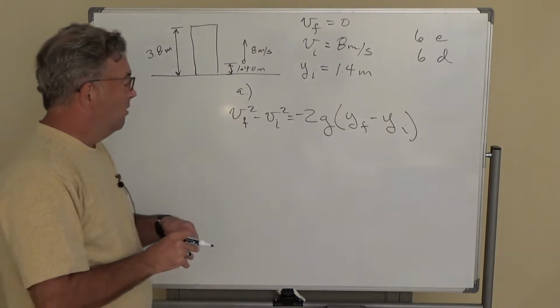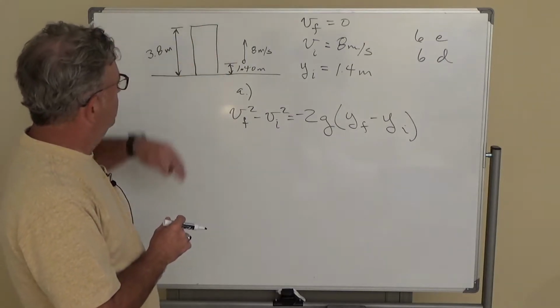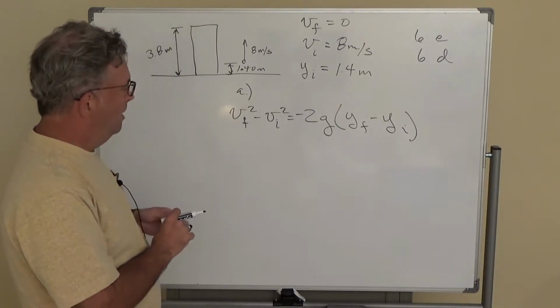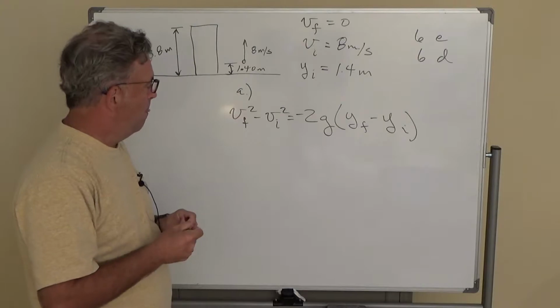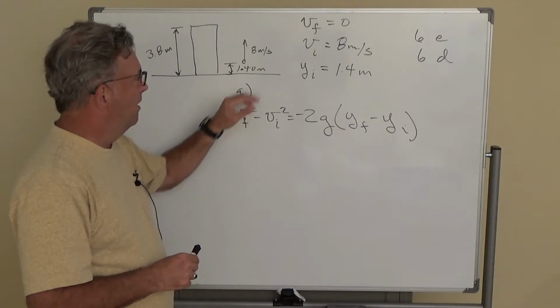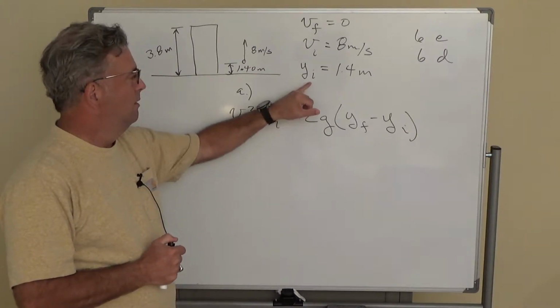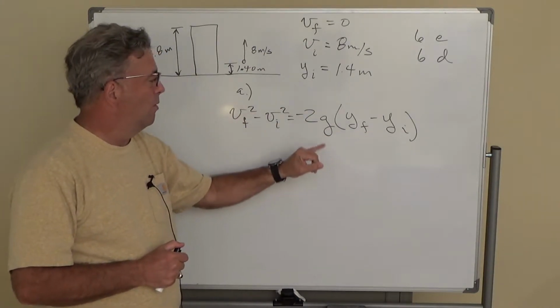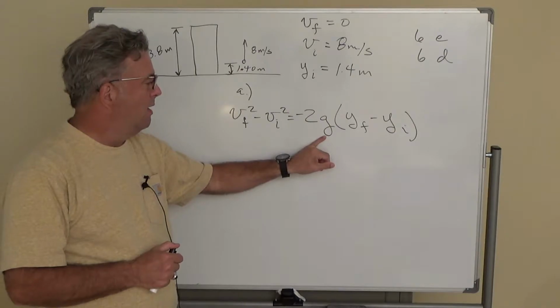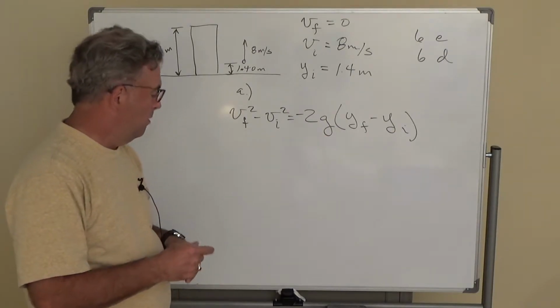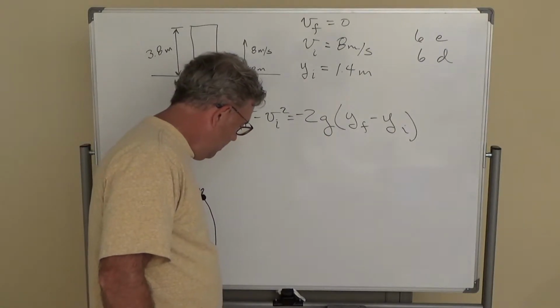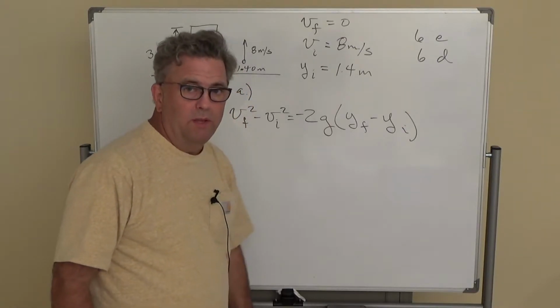And you can see if it's going to reach 3.8 meters from that, because you know V final is 0, V initial is 8 meters per second, Y initial is 1.4, and g is 9.8. So that's certainly one way you can do it.